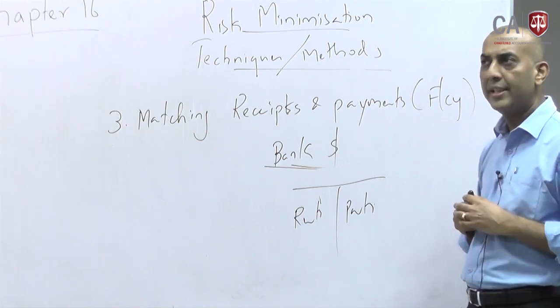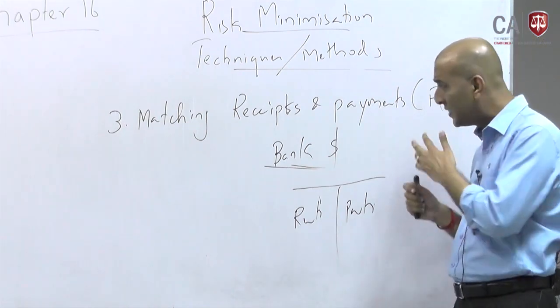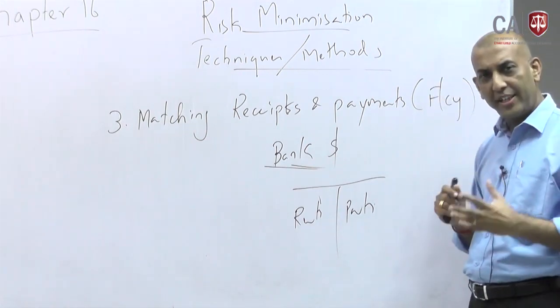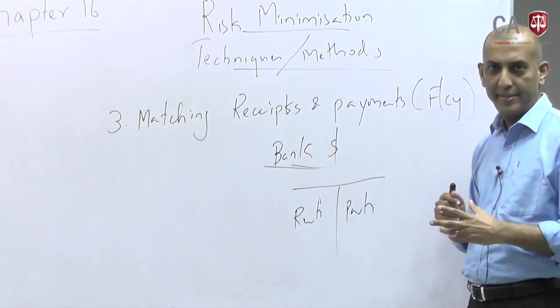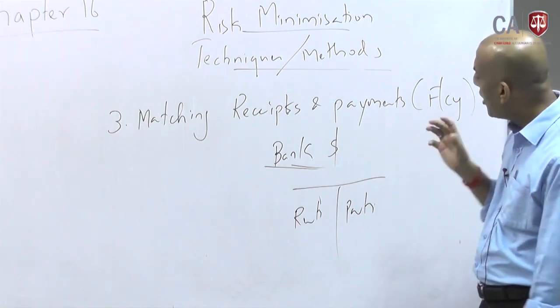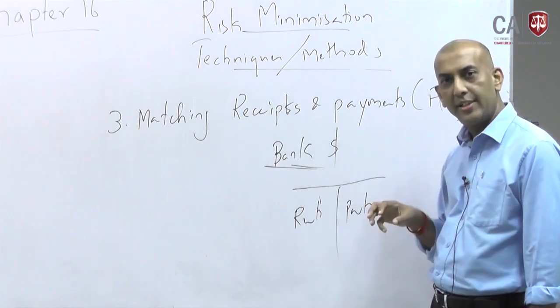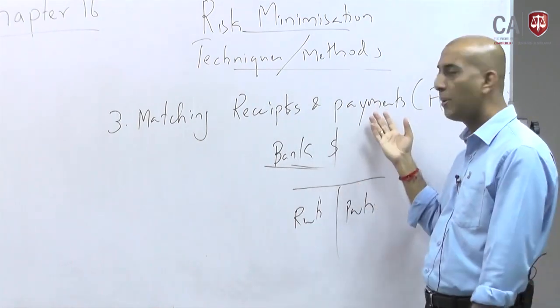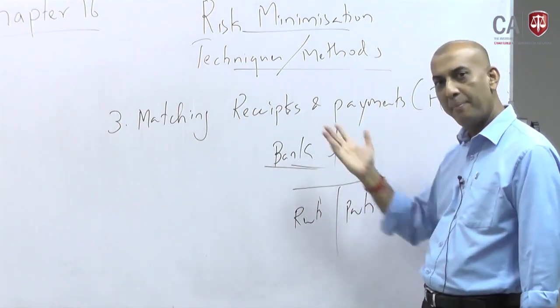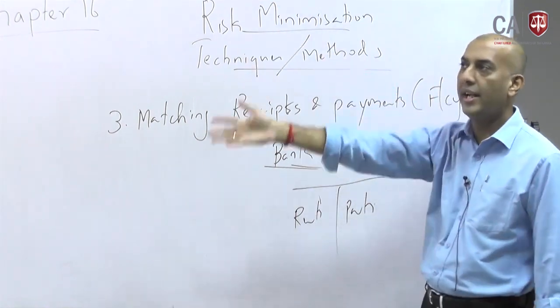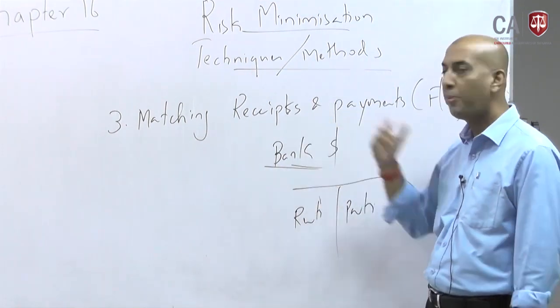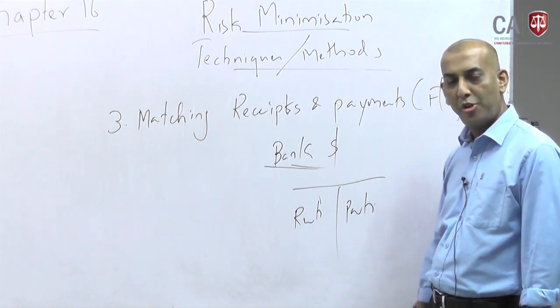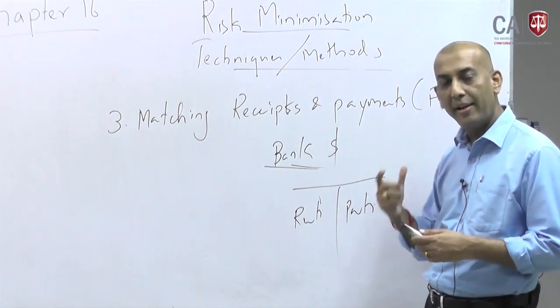The only thing you need to understand is the timing of the receipts and the timing of the payments. Because you are not going to get the dollar receipts at the same time your supplier is to be paid. Supplier needs to be paid, say, in January, but your export proceeds come in March. So you are not matching in that manner.